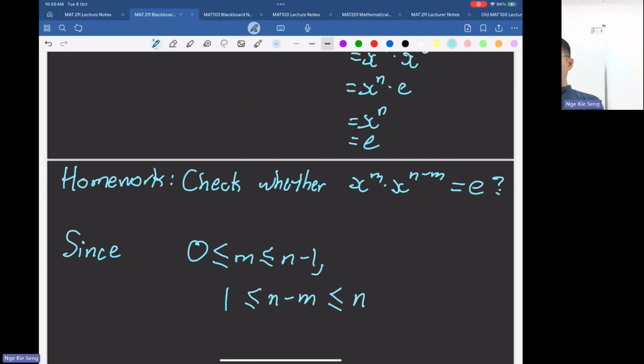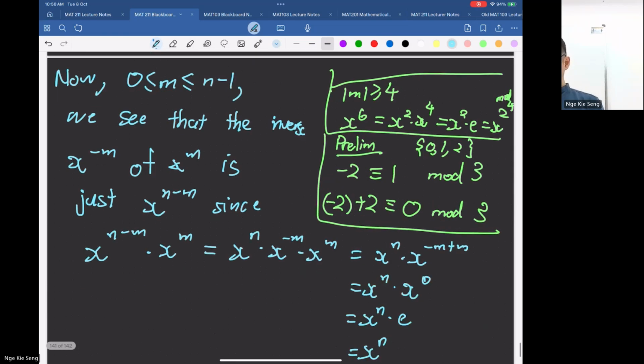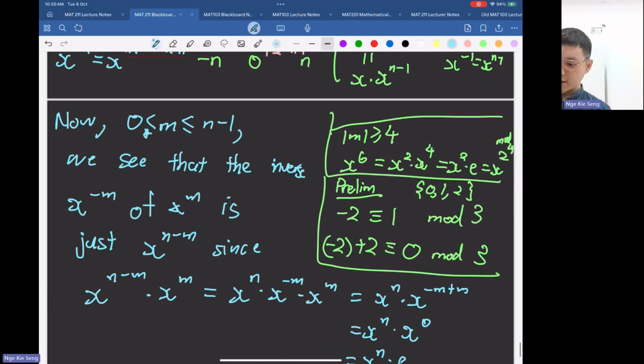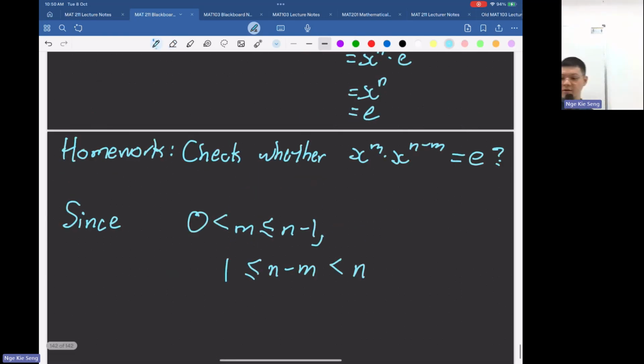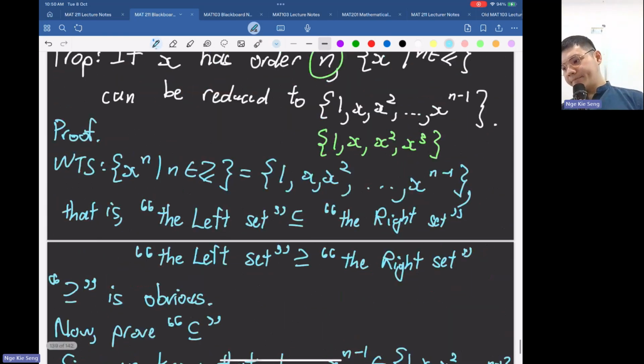So it's in the right region we want. 0 we settled already, so don't care about 0 first. So we have a strict inequality. Any question? I will write out the proof in full, but did you get the idea? We need to reduce all the cases to the finite set here.